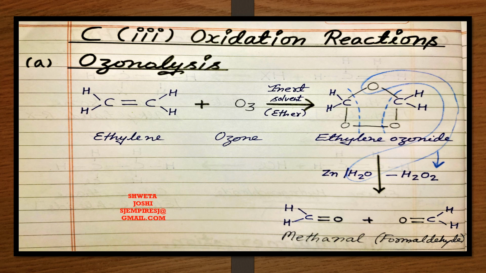Zinc is used for removing this H2O2, otherwise the aldehyde formed as product is further oxidized by H2O2 into carboxylic acid. So in place of methanal, we will obtain methanoic acid if we do not remove this H2O2 with the help of zinc.